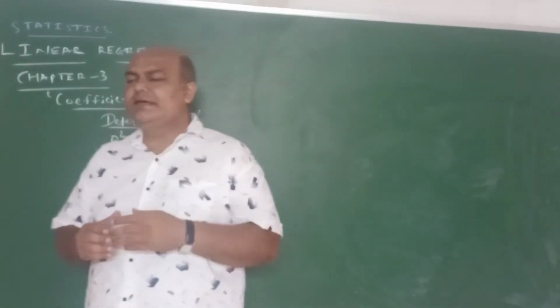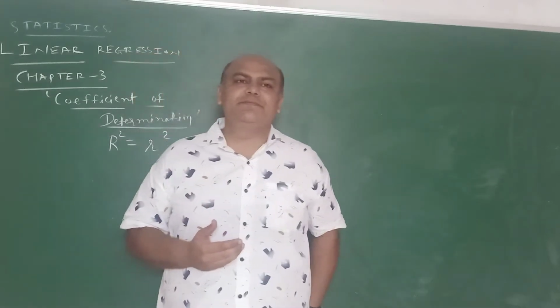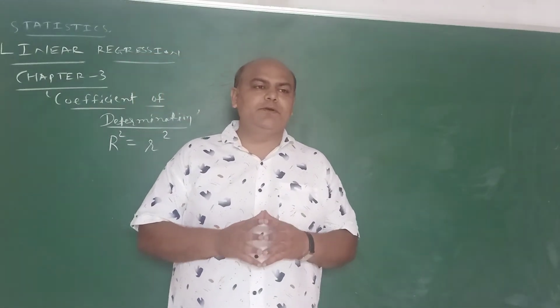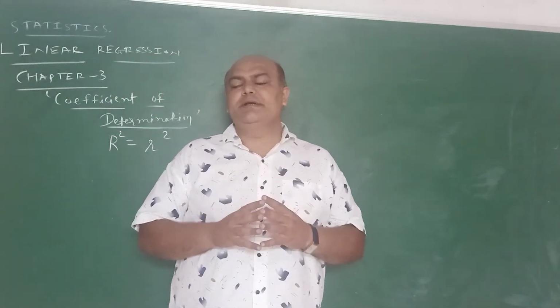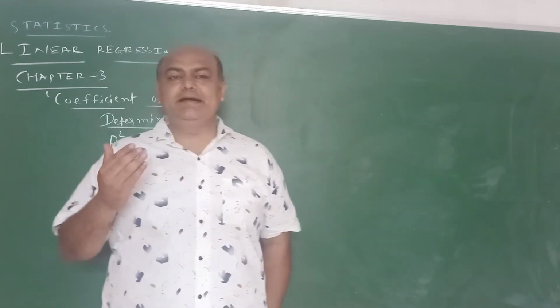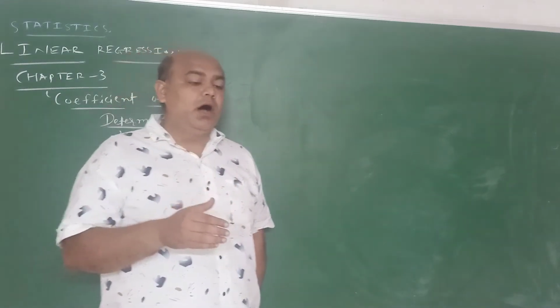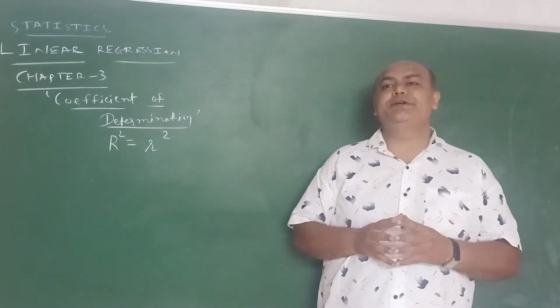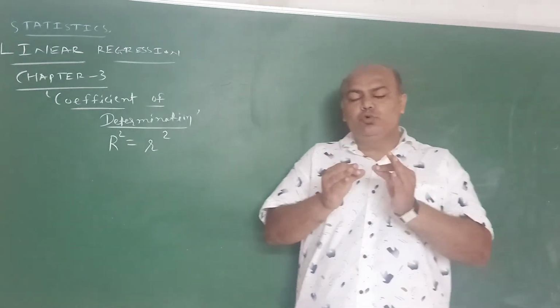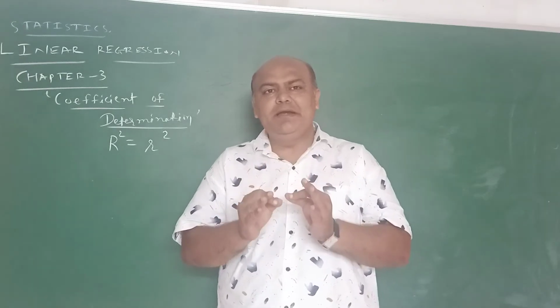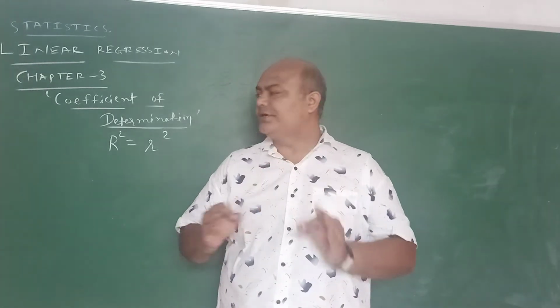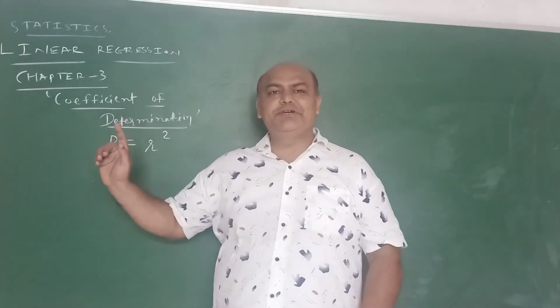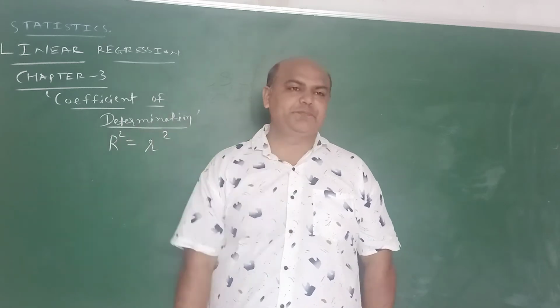See, regression is one type of estimation, but whether this particular regression is reliable or not, how to check the reliability of this particular regression? The tool to check the reliability of a particular regression is called the coefficient of determination.